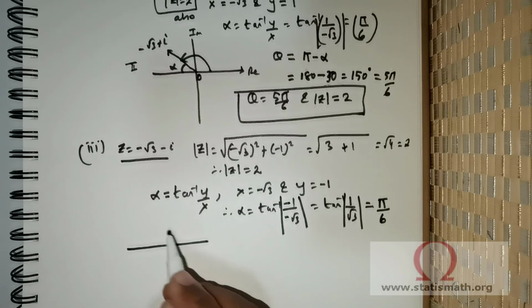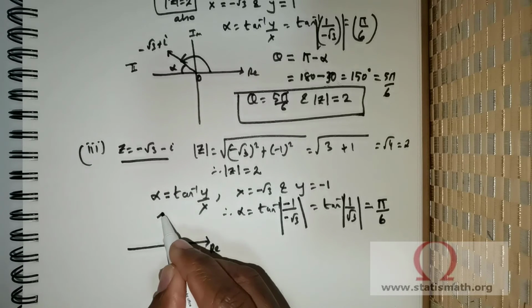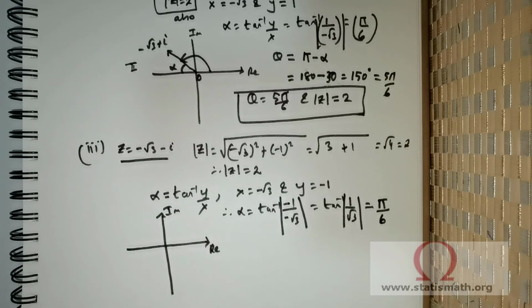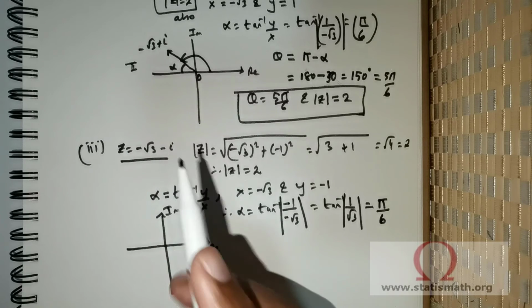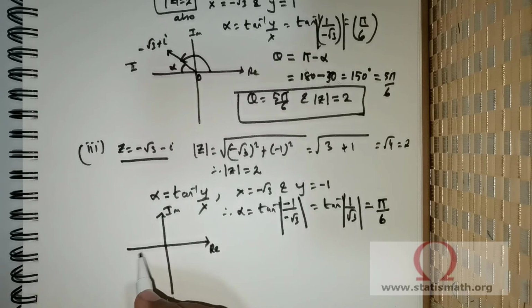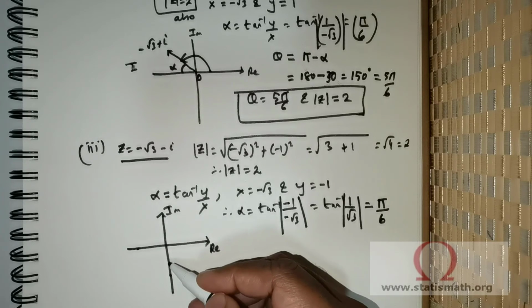Now foremost, you have to represent the complex number on the Argand plane. So let us do that. Now when you see the complex number, it has got a negative quantity for x and a negative quantity for y. So that means the negative side of the real axis, and the negative part of the imaginary axis.